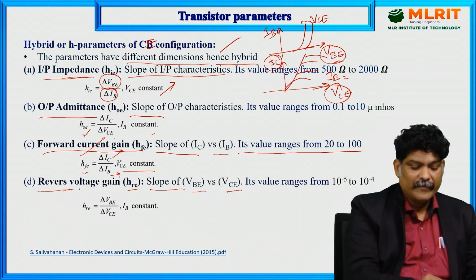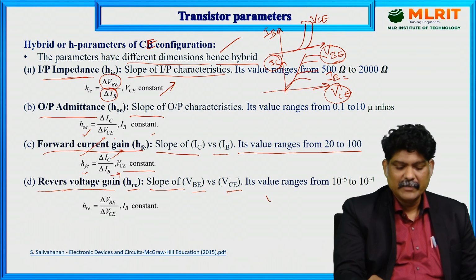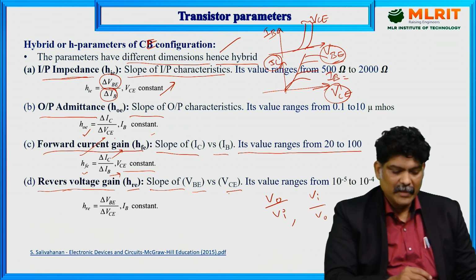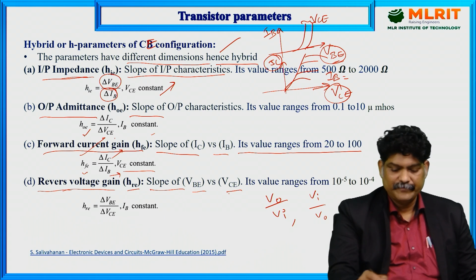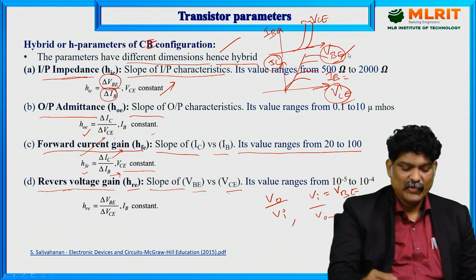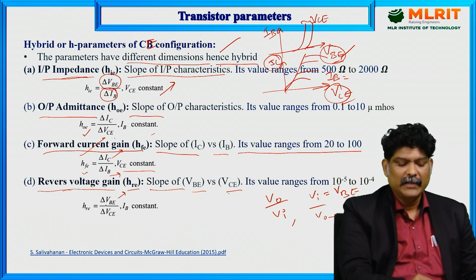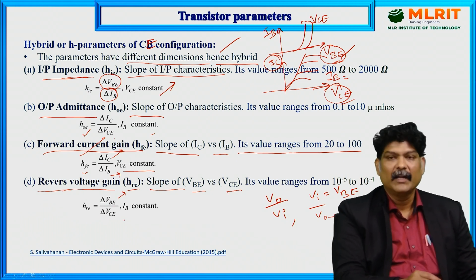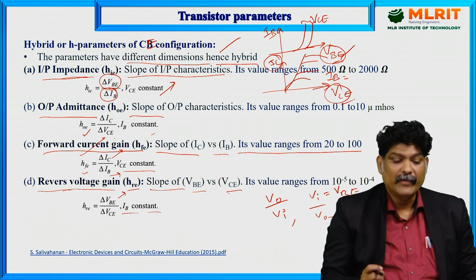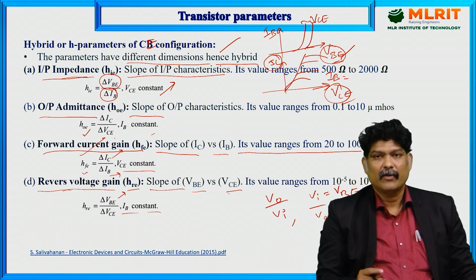Reverse voltage gain means Vi by V0, where VBE is Vi and VCE is V0. Therefore HRE is change in VBE by change in VCE when IB is constant. These are the different transistor parameters for the CE configuration.